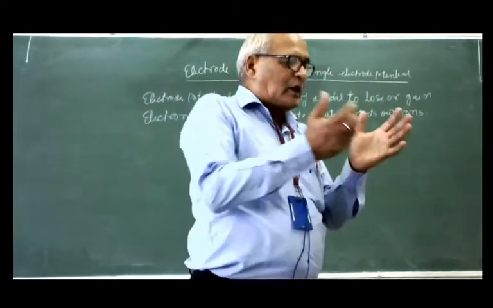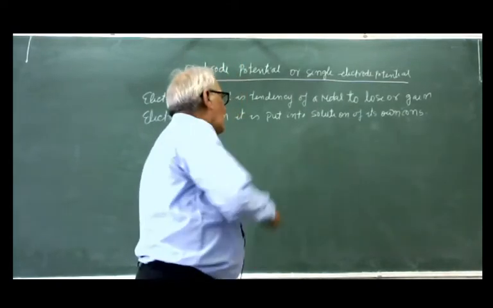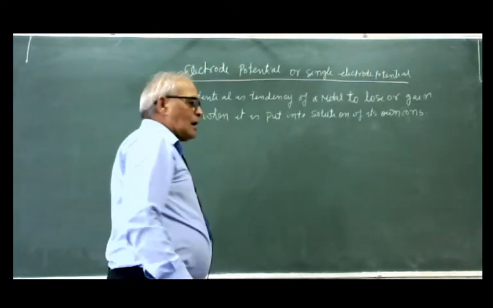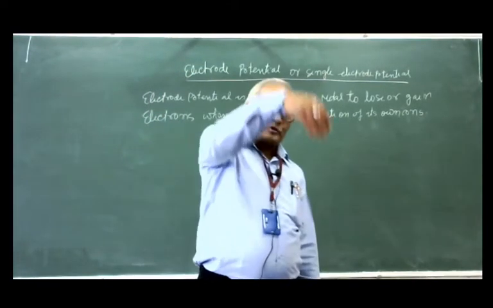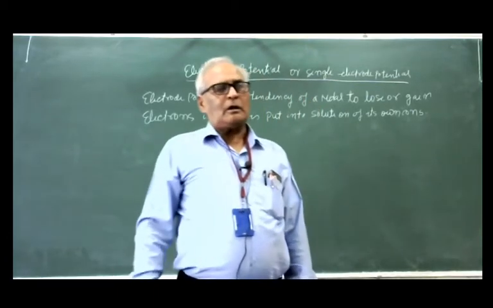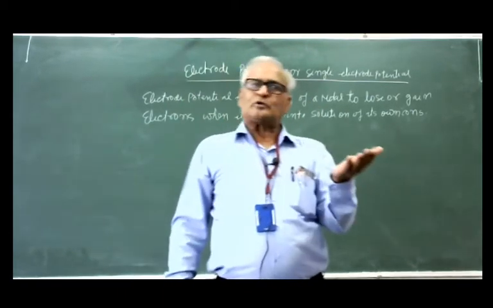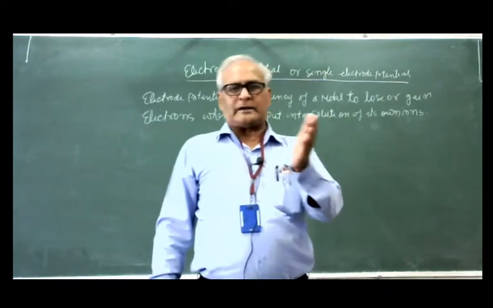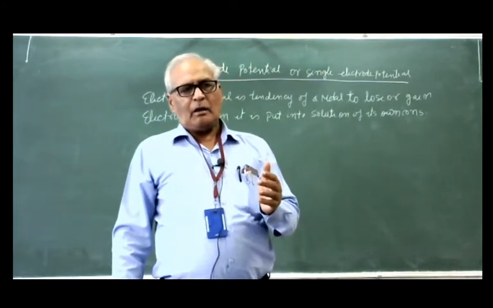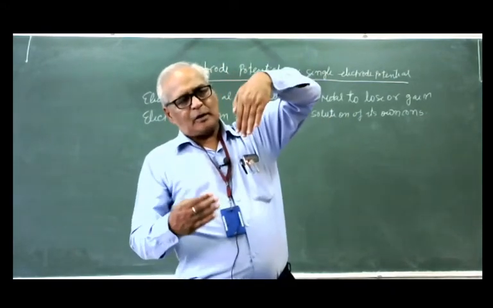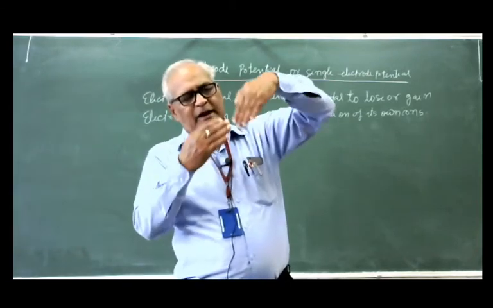So I tell you what happened. Suppose a zinc rod is put into zinc sulfate solution. The zinc sulfate solution will dissociate into zinc ion and sulfate ion, so the zinc rod will be in contact with the zinc ion.